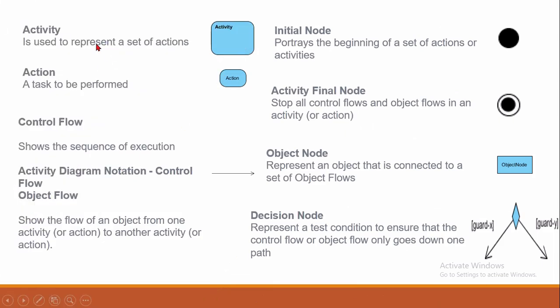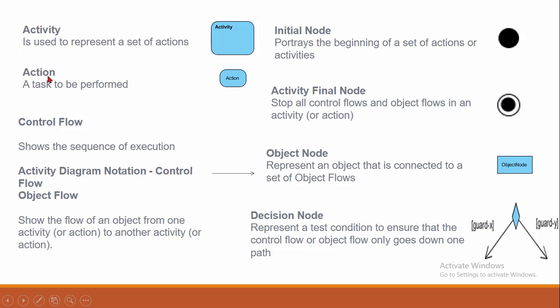So what is an activity? Activity is used to represent a set of actions or a group of actions. We use a rectangle with curved corners. The curved rectangle is used to represent a set of actions, and it's called an activity.